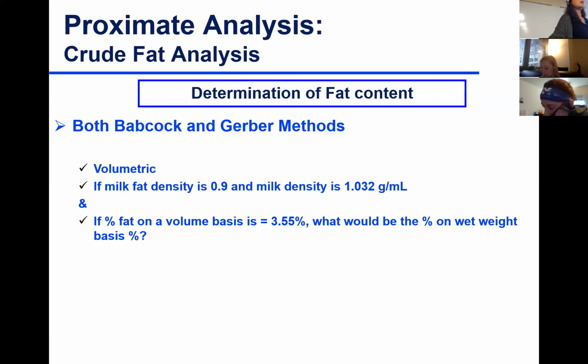That means grams per 100 grams. So that's what you need to get. You have the given densities. You have the amount in milliliters, so 3.55 milliliters of fat in 100 milliliters of milk. So do the calculations and let me know what you find out.